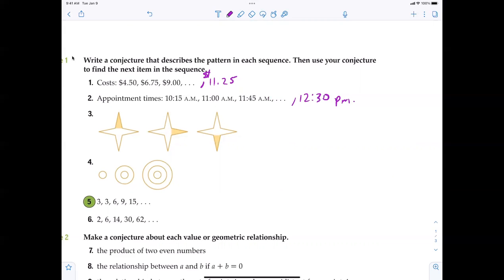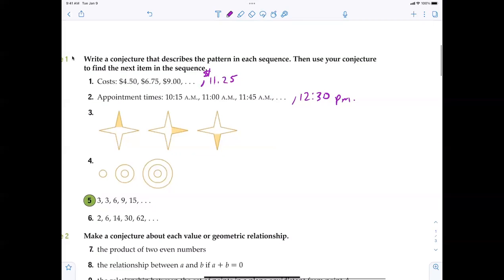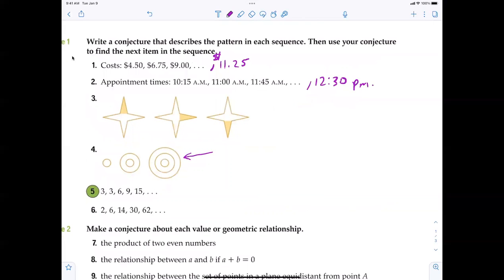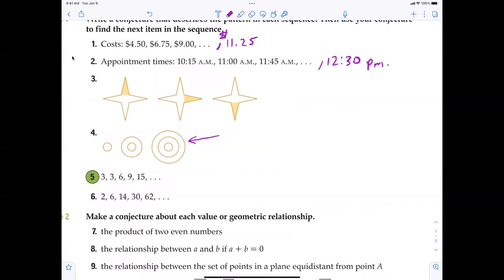Now, can anybody tell me what kind of circles these are called? Those are called concentric circles. What does concentric circle mean? Tell me, Tanner. Growing. Yeah, they are definitely growing. But I can make growing circles that aren't concentric.